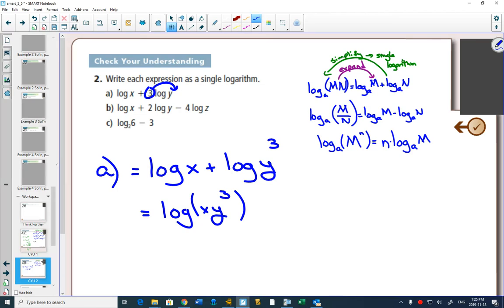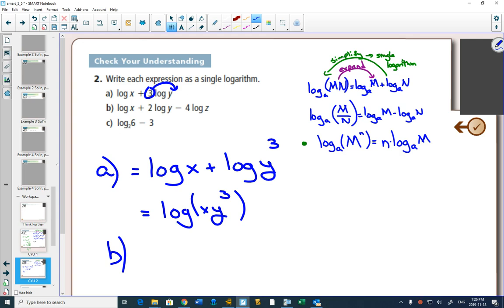In part B, we've got adding, subtracting, and numbers in front. So one of the things you might start to notice is that when you have multiple log laws, the first two that are listed only work when you have log plus log or log minus log. So you almost always have to do the last one first.